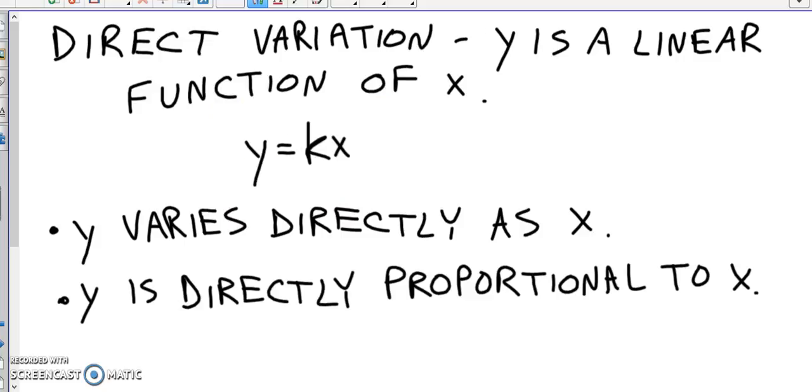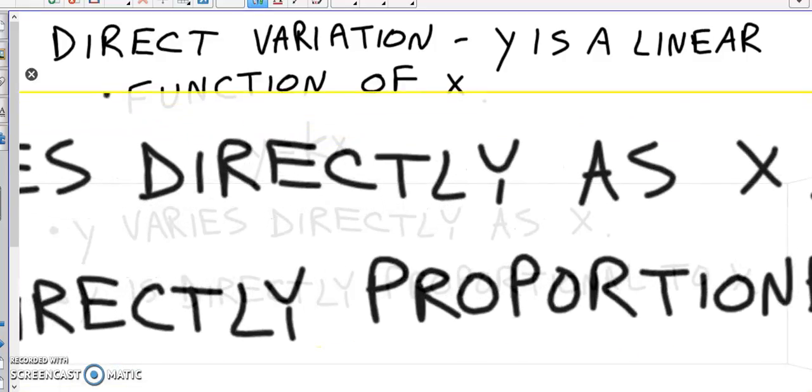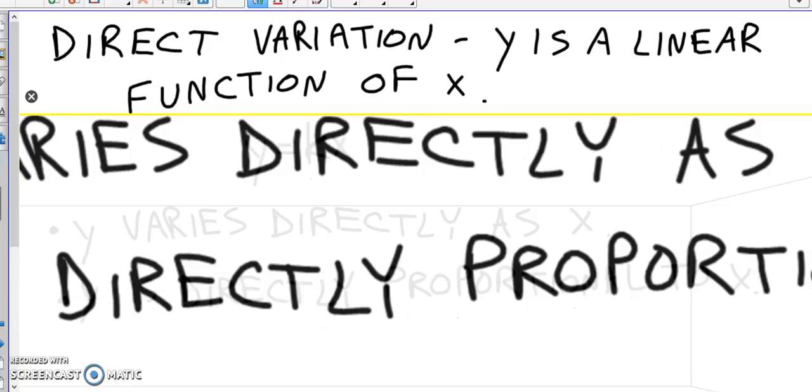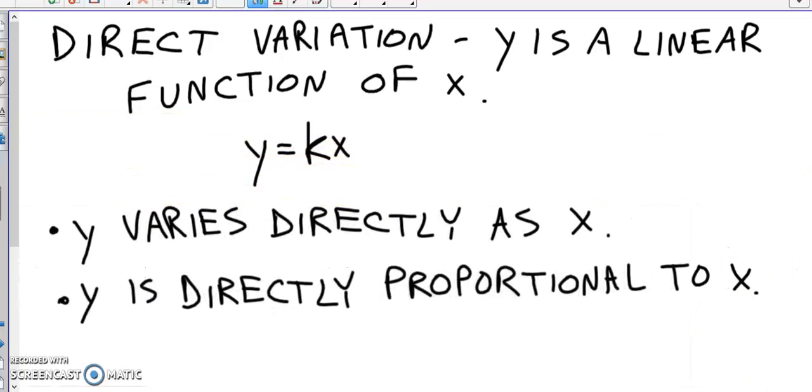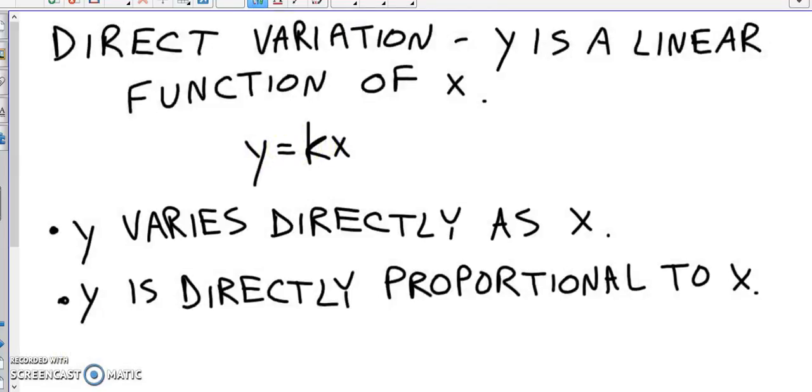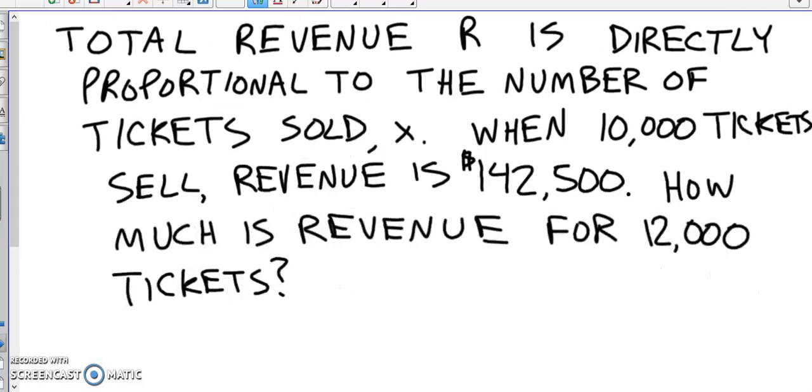Whenever we say y varies directly as x, or y is directly proportional to x, you're supposed to understand that it's going to give you this equation right here.